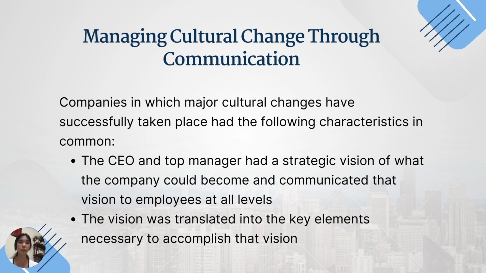Companies in which major cultural changes have successfully taken place had the following characteristics in common. The CEO and top managers had a strategic vision of what the company could become and communicated that vision to employees at all levels. The vision was translated into the key elements necessary to accomplish that vision.